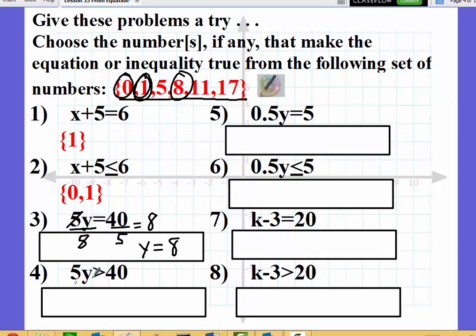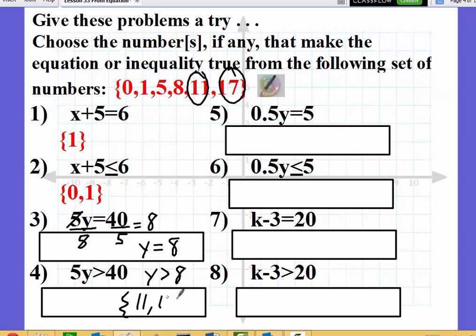Well, I'm going to do my inverse again, and I'll be left with y is greater than 8. Do I see any of those problems or answers over here? Well, I see 8, but is 8 larger than 8? No. So if I put 8 in, would that be a true number sentence? 8 is larger than 8? It wouldn't be. So I'm not going to pick 8. I'm going to pick everything larger. 11 is larger, and 17 is larger. Okay, let's check these two.